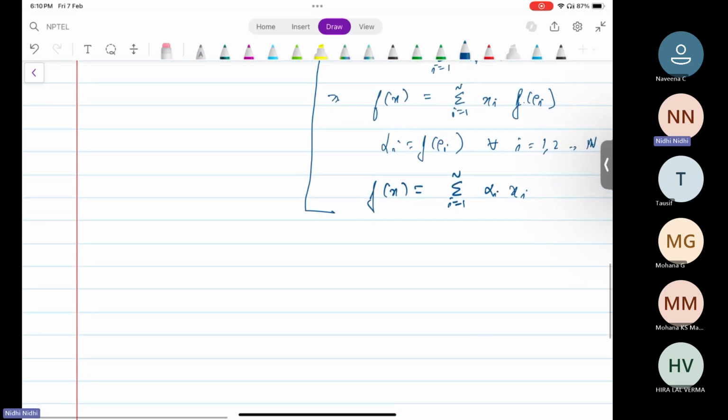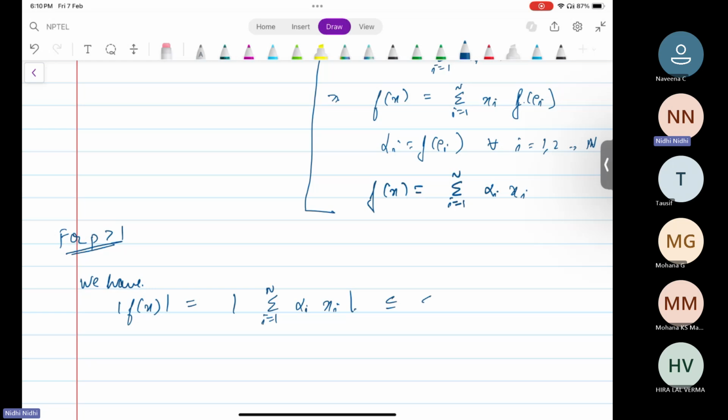So now let's start with p greater than 1. We have modulus fx is equal to summation i from 1 to n alpha i xi. This is less than or equal to summation i from 1 to n modulus alpha i xi.